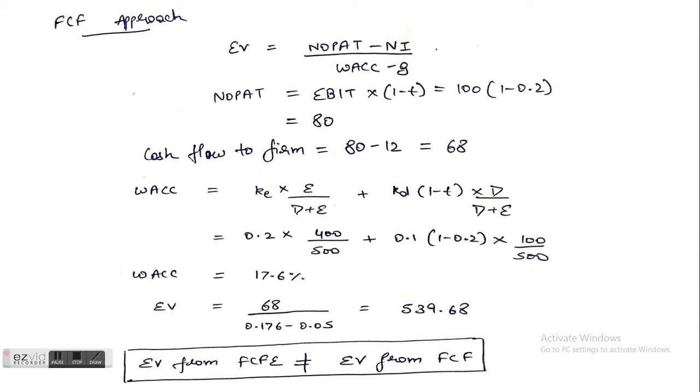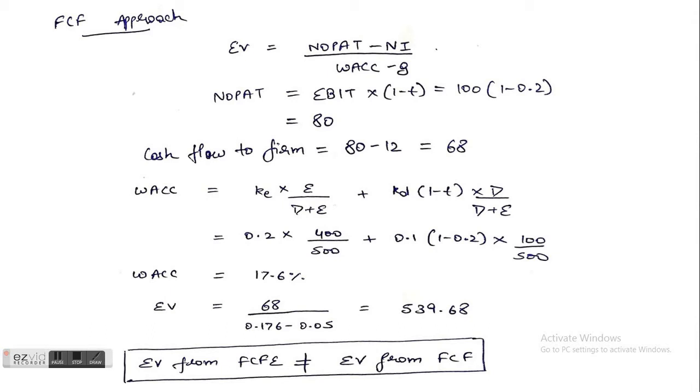We here assumed that the cash flow available to the firm is 68, and this 68 is expected to grow at 5% per annum. Now, since this free cash flow can be written as a sum of cash flow to equity holders, cash flow to debt holders, less the interest tax shield, we are making three different assumptions here.